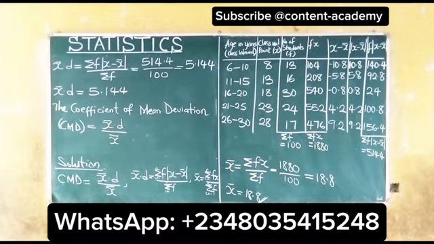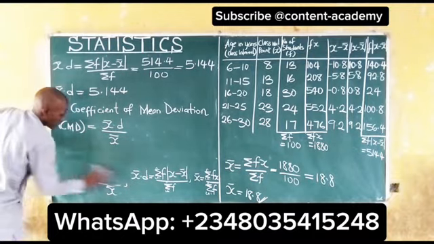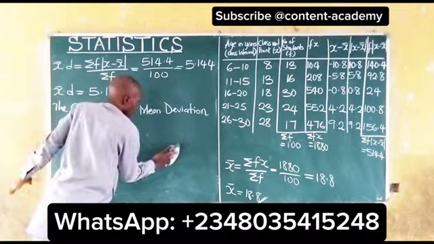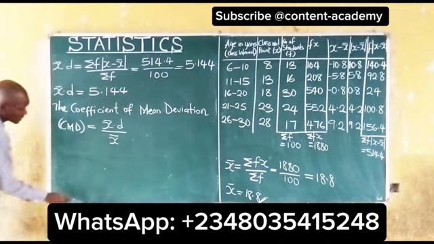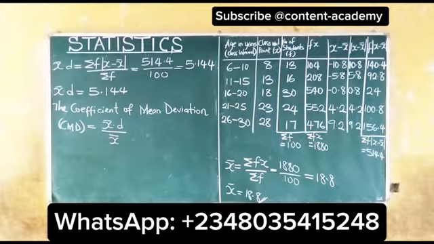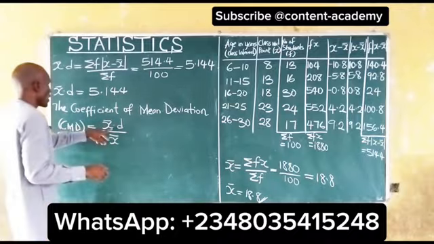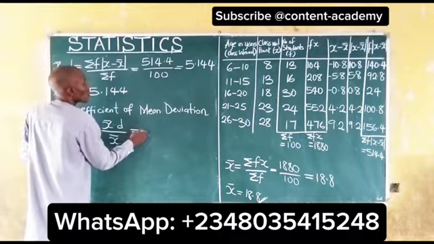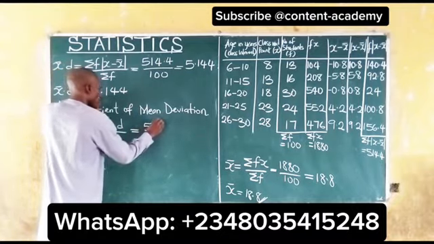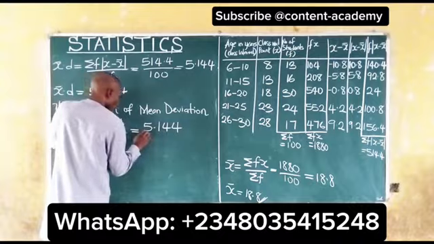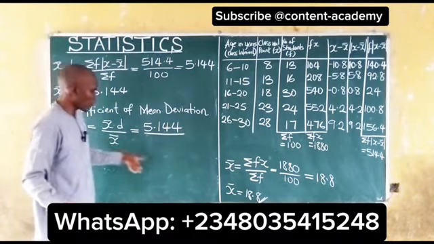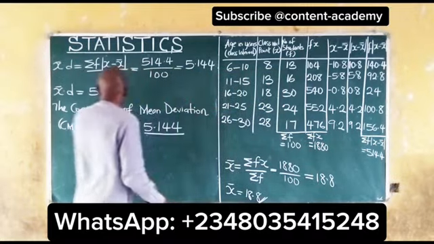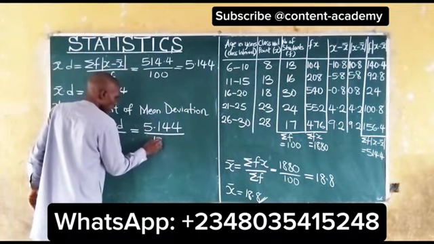So here we have the deviation to be equal to 5.144 divided by, what is our x bar? Our x bar is 18.8. That is how the coefficient of mean deviation is calculated.